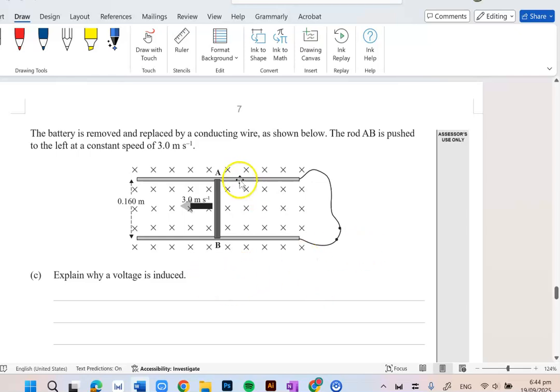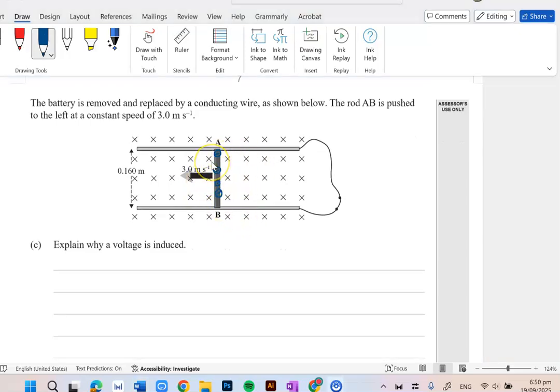Alright, I'm just going to draw it. Within this rod, there are electrons. You can't see them, but just imagine there are. So that's got all these little electrons within it. Basically, they're all going to experience a force by the magnetic field, which basically is going to make them all move around, and that's what causes an induced voltage.